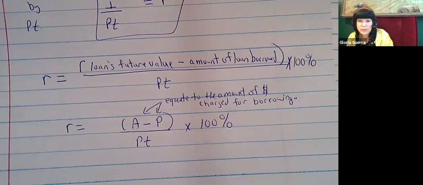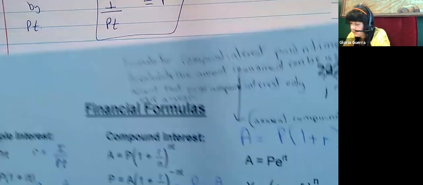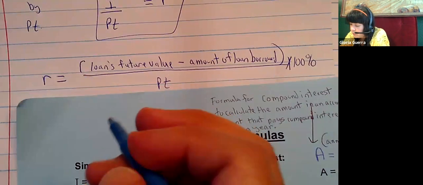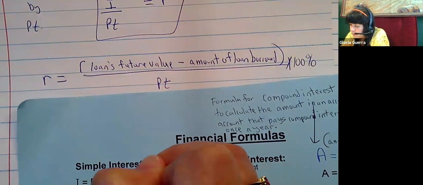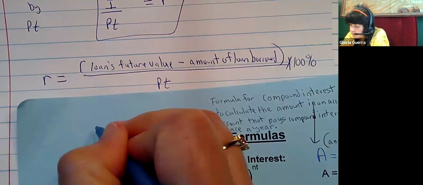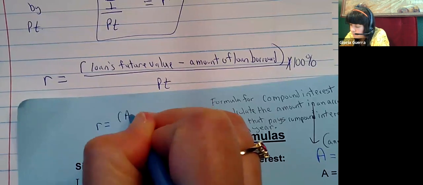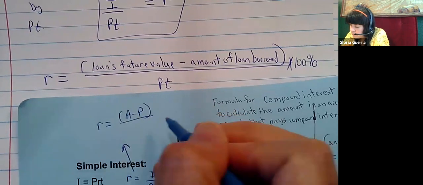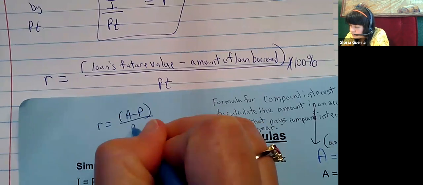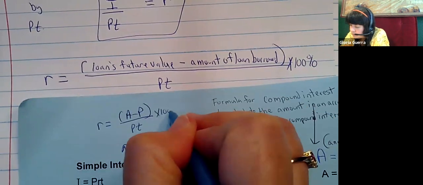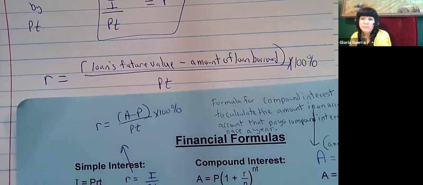So that's where that comes from. So rate is equal to the interest, which is A minus P. That might be better to put on your formula sheet instead. Over here you can put a little side note: R is equal to A minus P divided by PT, and then you can even put times 100%. That way you already know you have your rate.